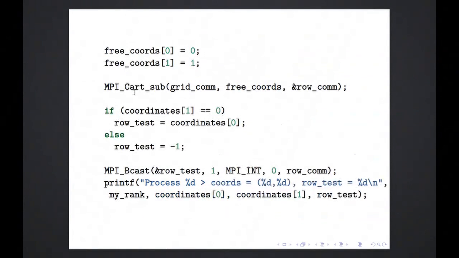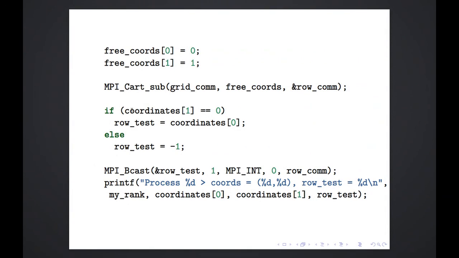Okay, so once we have the full communicator, let's now create sub-communicators. First we create a communicator for the rows. So we define the free variables, degrees of freedom, if you will. Along the rows, we set this to be 0. Along the columns, we set this to be 1. We call MPI Cart Sub, and this will create a new row communicator. And then I do a test broadcast.